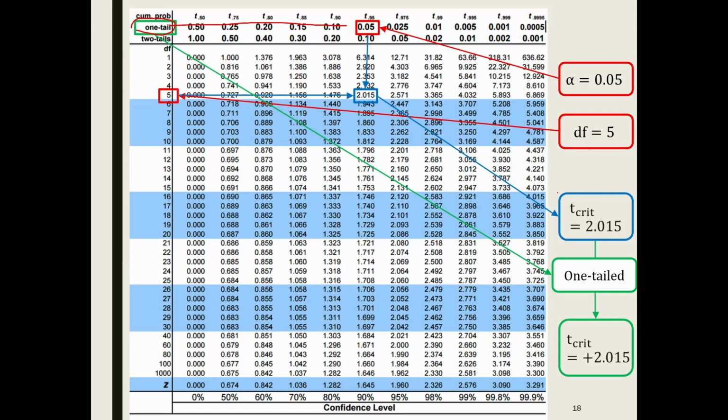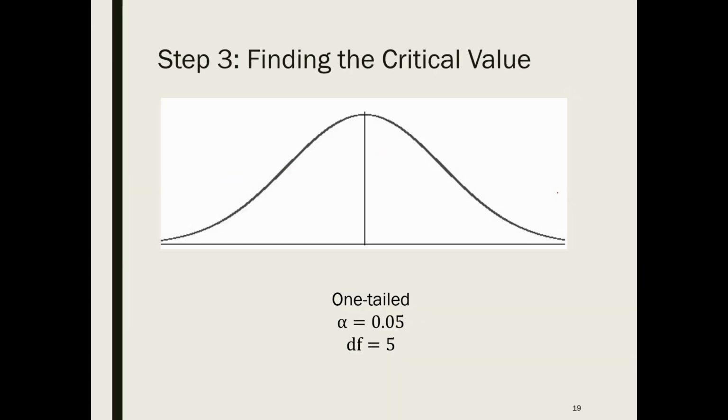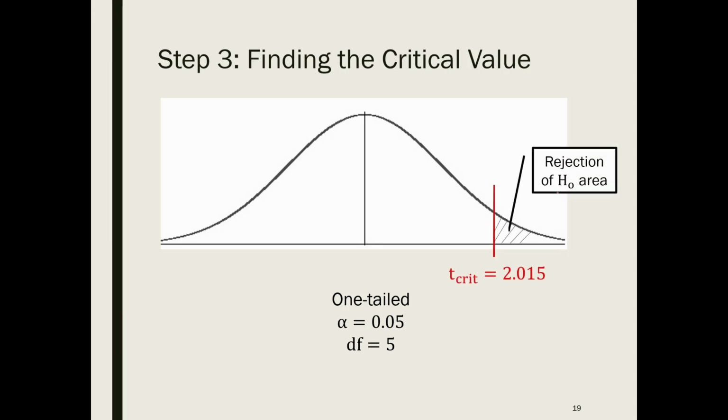So the t critical value is positive 2.015. Let's mark it here as 2.015. The rejection area is on the right side, in the positive tail, right? Any obtained t value here, like 3, 4, 5, is going to lead us to reject the null hypothesis, and we are going to accept the alternative hypothesis.